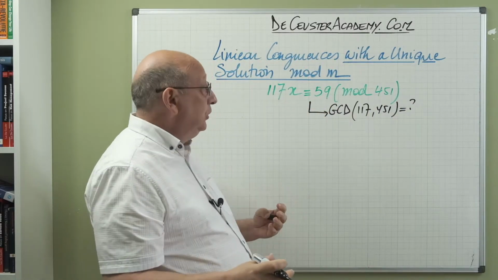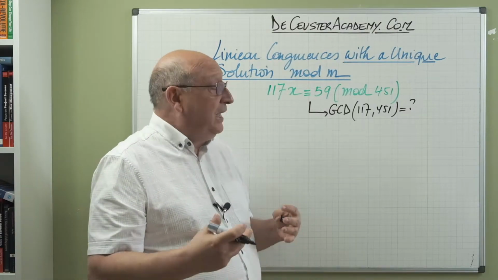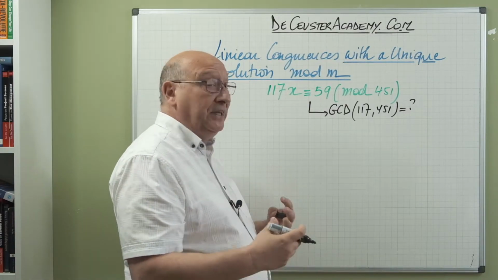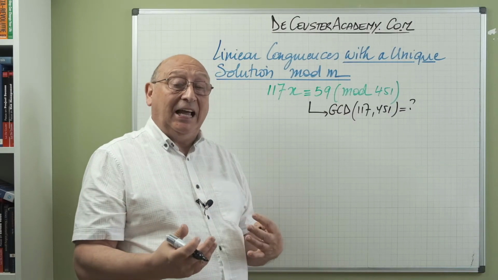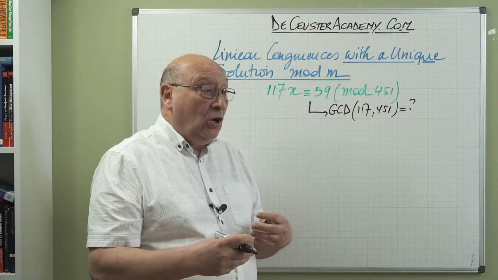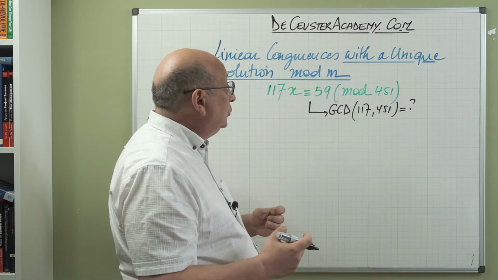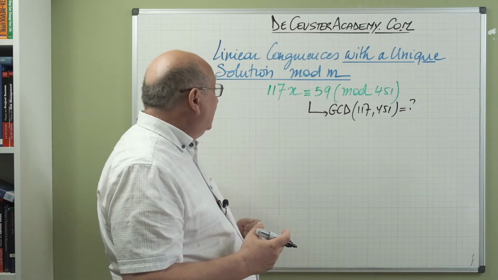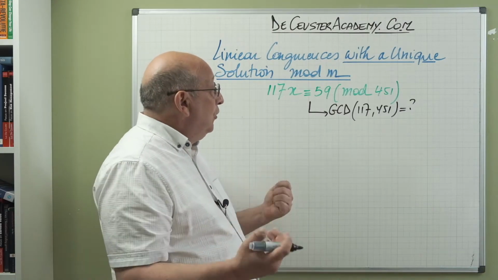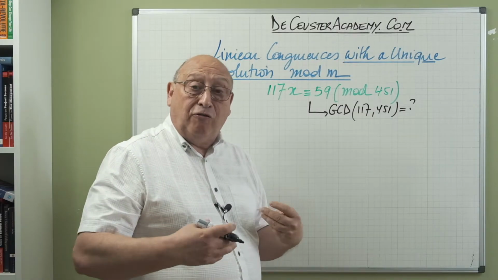We know that in order to have a unique solution modulus m, this GCD has to be equal to 1, and then we can calculate with the Bezout coefficients the modular inverse of 117 modulus 451, and then we can in fact find the solution.